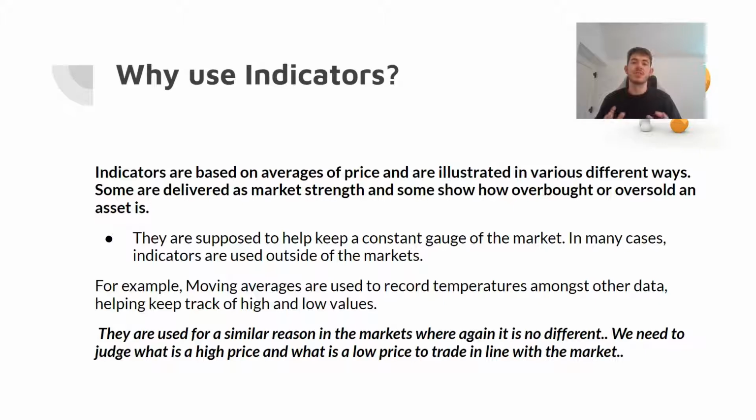Now, when people start to use moving averages in the markets, or any indicator, they completely throw that out the window because they stop using them for that reason. So we need to use indicators to measure what is a low and what's a high price over time, just like any other indicator would be used in any other scenario. Okay, so it's no different to recording temperatures or recording sales or anything like that. We just need to know what's a high value and what's a low value because we want to trade in line with that at all times.